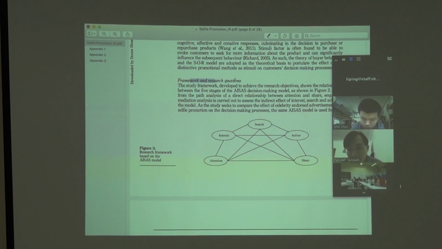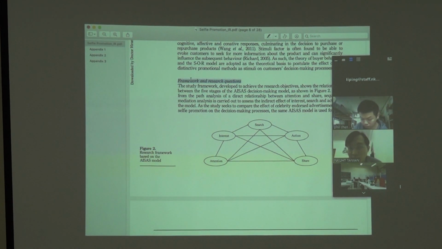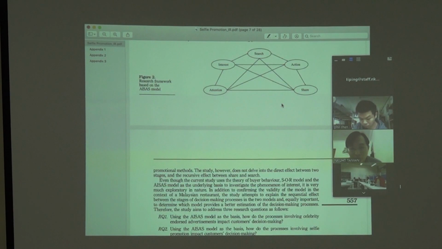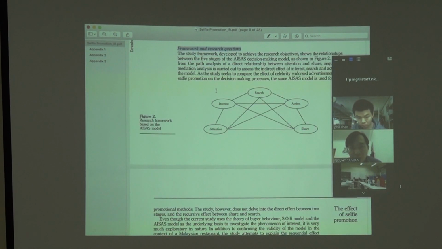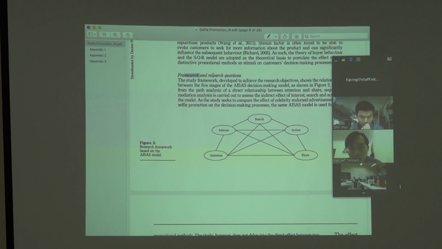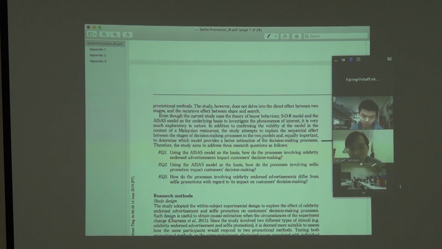Not very often you see this, but this is the situation, because again, it is about how you craft your story and make sure everything is consistent. So just imagine this is your framework and these are your hypotheses. You show your framework and then you show your hypotheses.